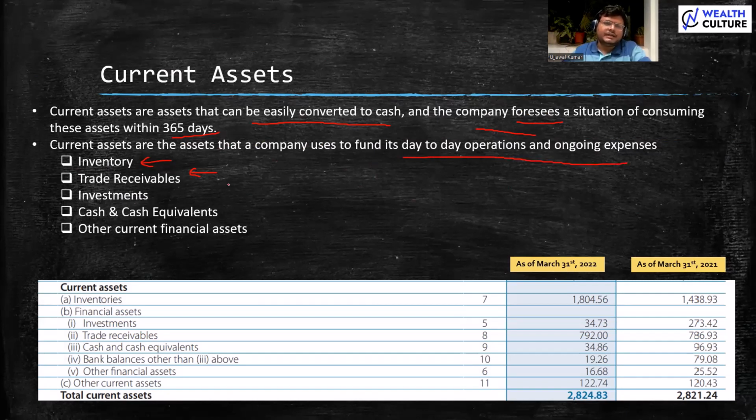So inventory, trade receivables, short-term investments, cash and cash equivalents, other financial assets. This is how you would classify your current assets: inventories, financial assets that have a life of less than 365 days, then your cash, which is a liquid asset, other bank balances, your other financial assets which have less than 365 days to maturity, and then other current assets.